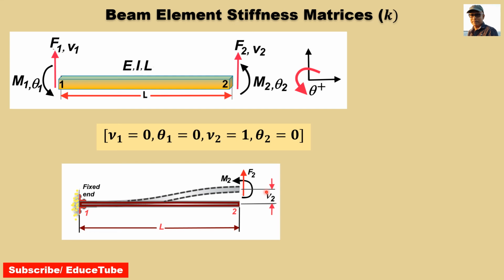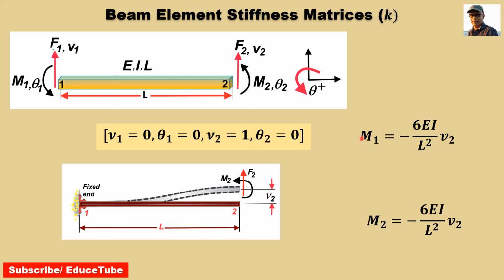And we get M1 equal to minus 6EI over L square multiplied by nu 2, and M2 will also be minus 6EI over L square nu 2.